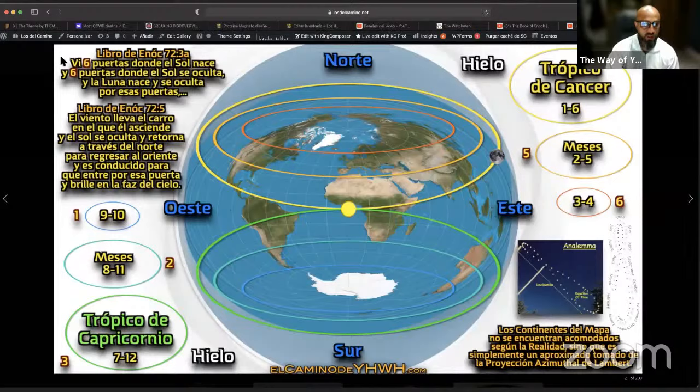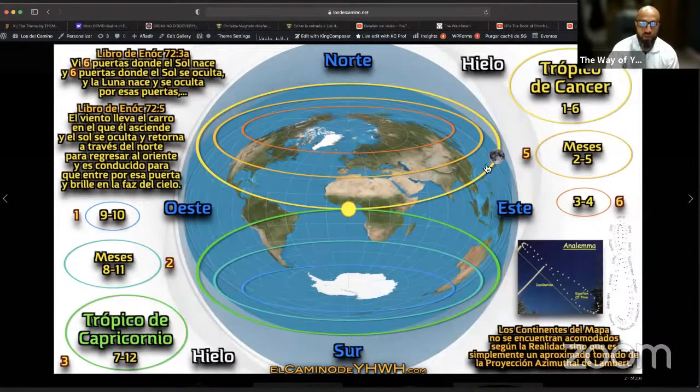In the book of Enoch 72:5, it says, and I will translate roughly, the wind takes the car in which he ascends, and the sun hides and returns through the north to come back to the east and be led through the gates and shine on the face of the heavens.